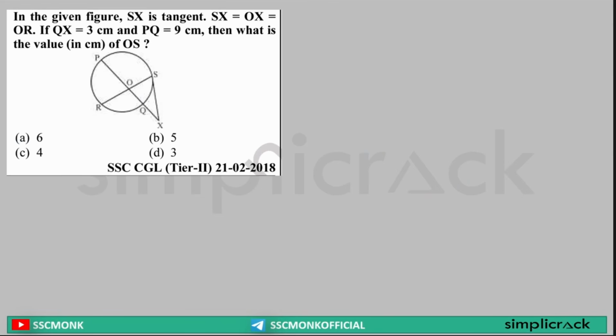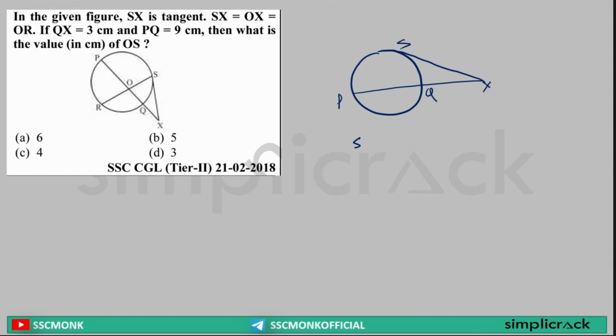In the given figure, SX is a tangent. SX is equal to OX is equal to OR. So what is it saying? This value is equal to this value and this value. Clear? See, in this particular triangle, if I have to draw it this way, this is X, this is the point S, this triangle has been intersected here, this is Q, this is P. I am not talking about O right now.